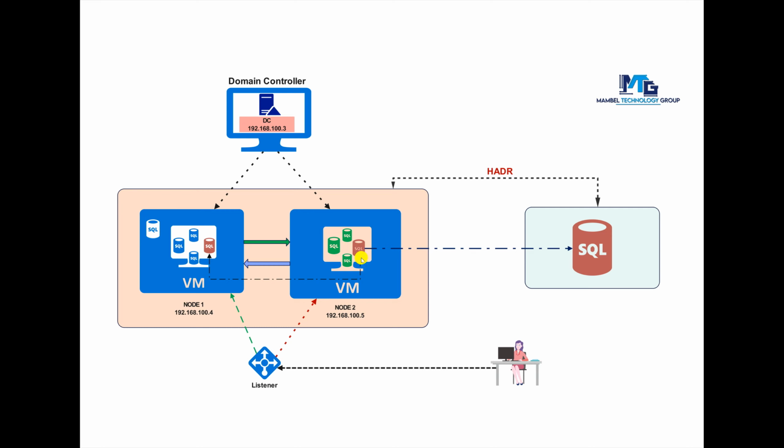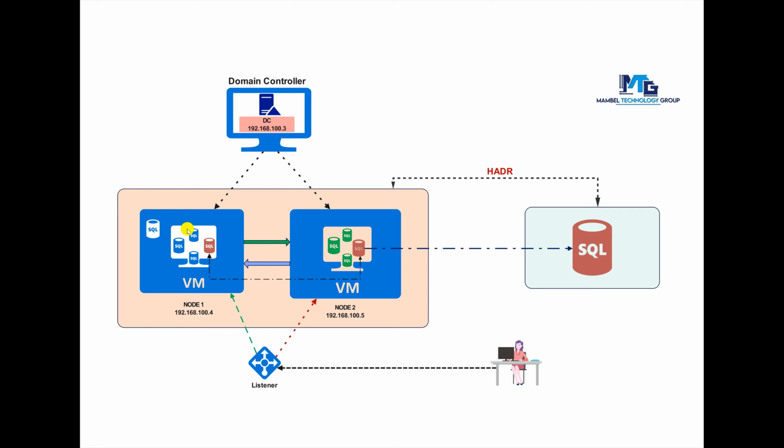And I think it started with the enterprise edition, where you could have a group of databases that will fail over together to a secondary replica in case of a disaster or in case of something that happens to the availability group. So in our case here, node 1 is the actual primary and it's communicating with node 2.